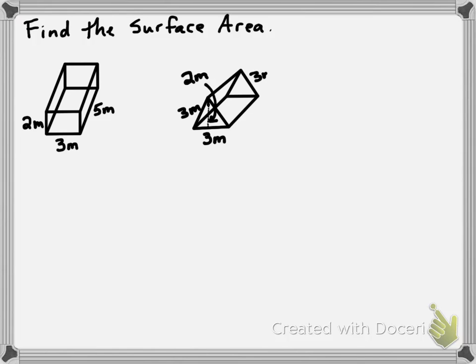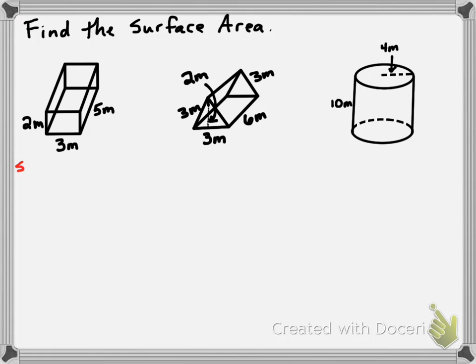We have a triangular prism, and we have a cylinder. So you're going to find the surface area of the rectangular prism, the triangular prism, and the cylinder. And then we'll look at it together.